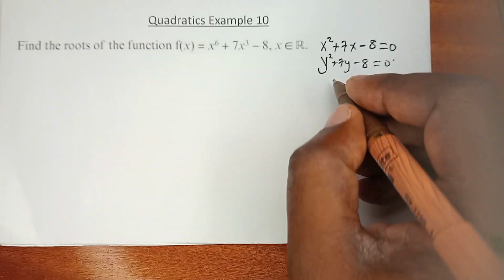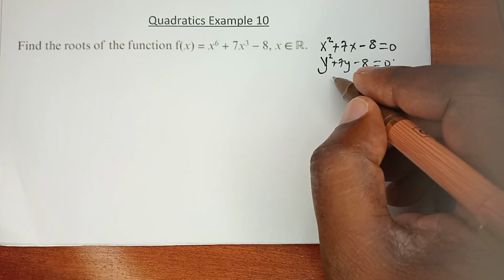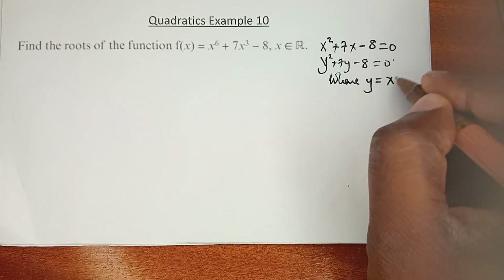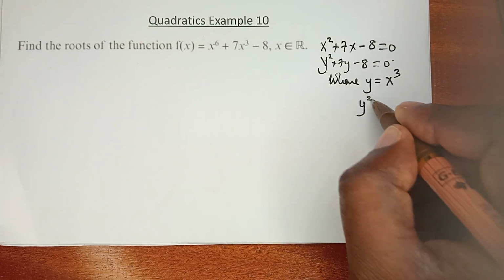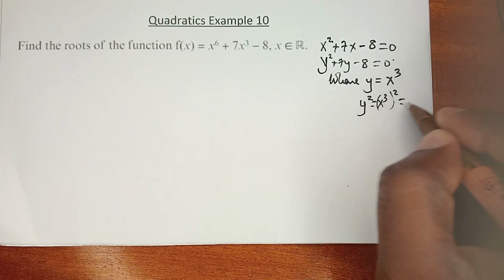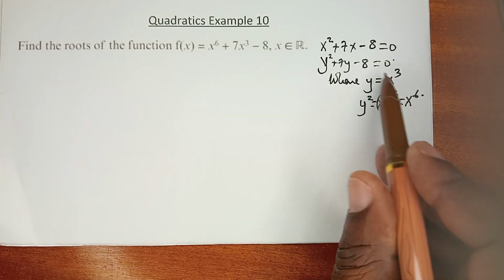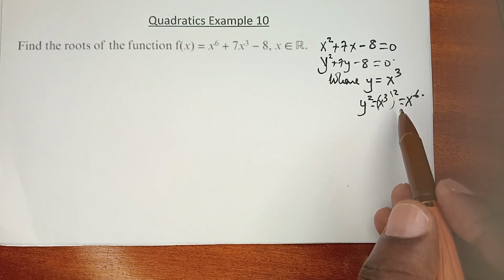So we are here and we're saying where y is equals to x cubed. And of course you can see y squared is x cubed squared, which is x raised to power 6. And we are perfectly there. So I would change now this variable and eventually come back and substitute and find the original x.